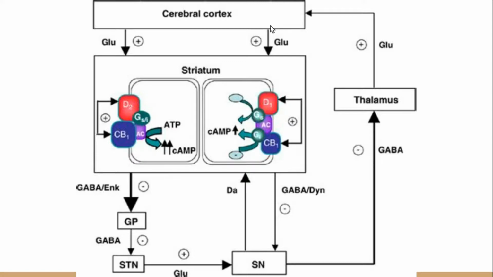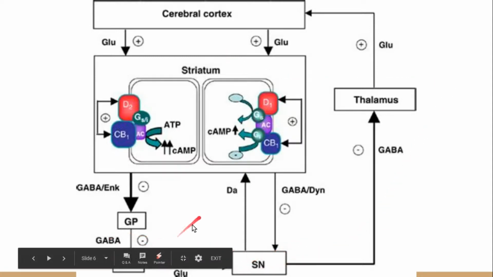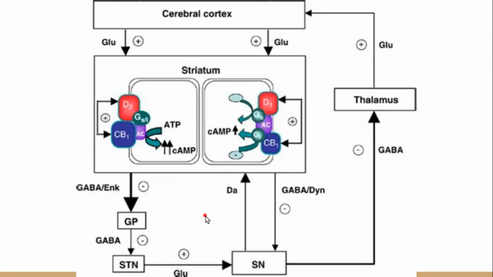The cortex activates medium spiny neurons, causing these GABAergic neurons to deactivate downstream nuclei, including the substantia nigra and the subthalamic nuclei.